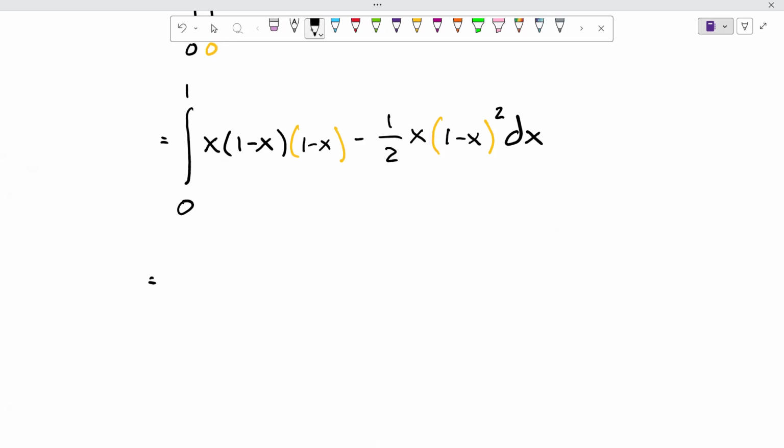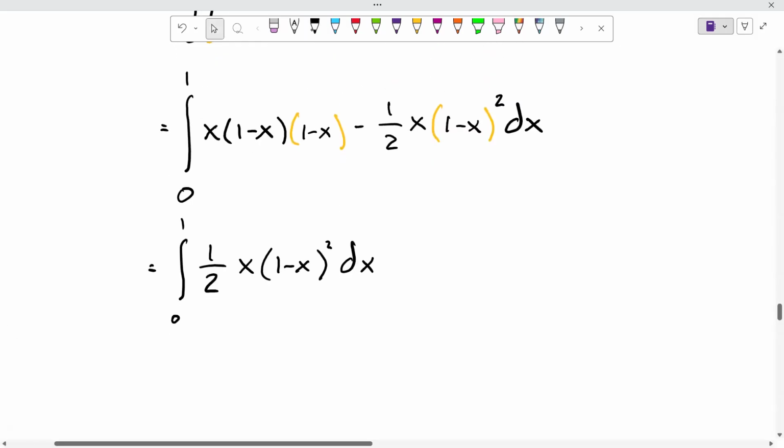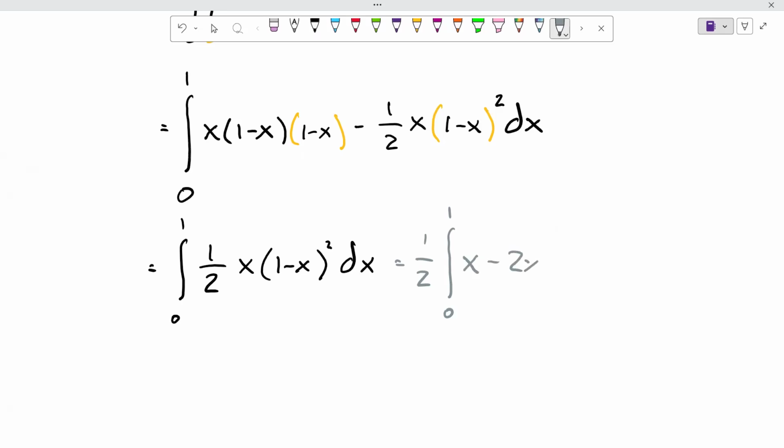But this thing is going to simplify to 1/2 of x times (1 minus x) squared dx, still from 0 to 1. Okay, I'm almost out of space, so let me add in one more step right here. I can pull the 1/2 out, still integrating from 0 to 1, foiling this thing. 1 minus 2x plus x squared becomes x minus 2x squared plus x cubed dx.